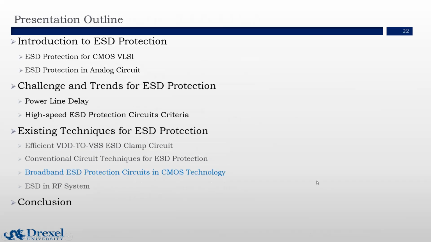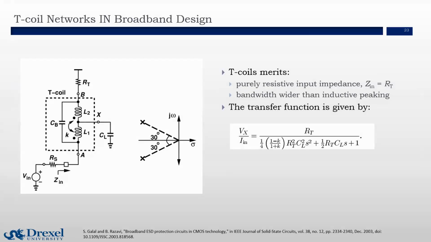Now let's take a look at the broadband ESD protection circuit in CMOS technology. In this technology, we use T-coils to resonate out the parasitic capacitance. So the T-coils have two merits.